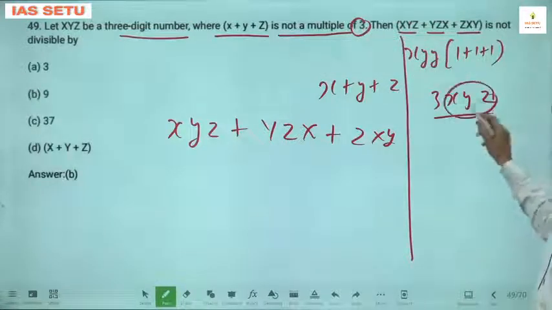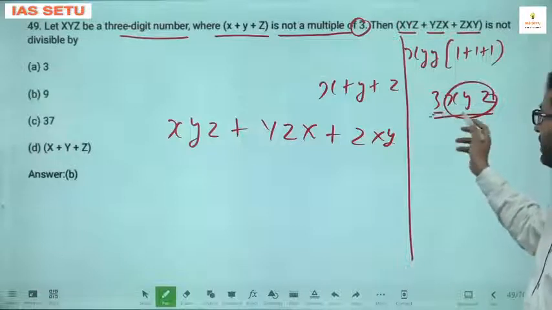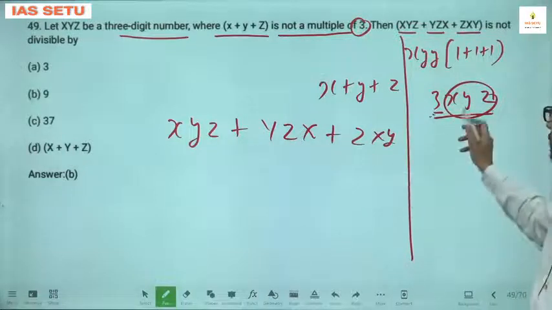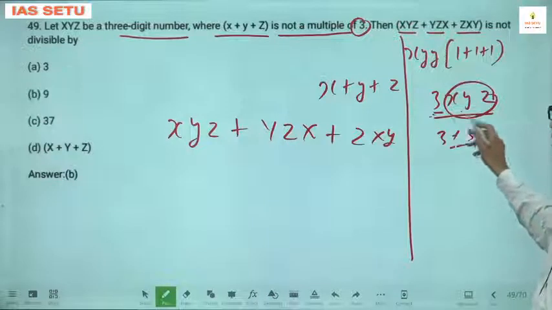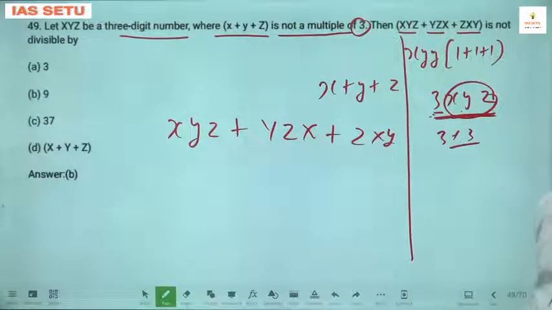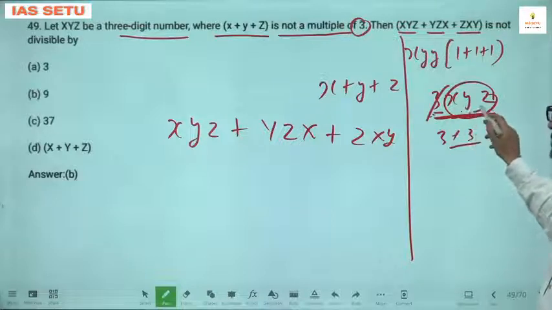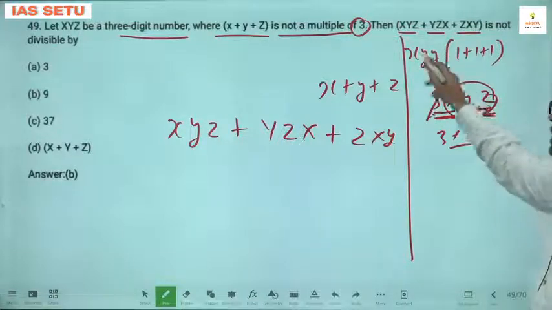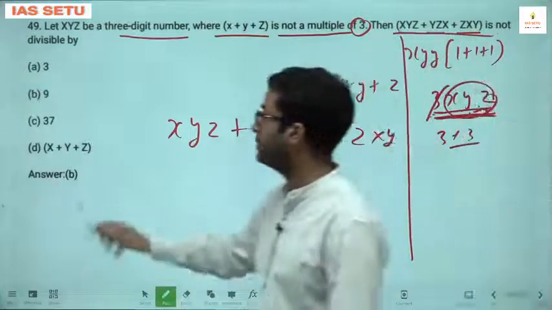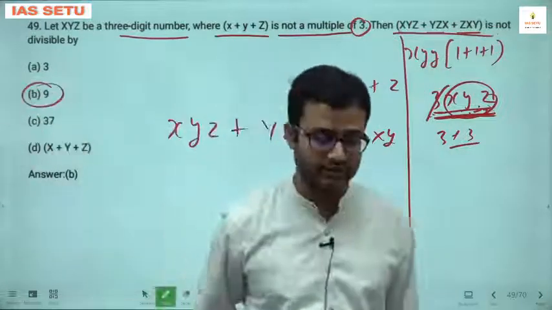This is not divisible by 3, but here the entire total will be divisible by 3. Okay, so for divisibility by 9, the complete total has to be divisible by 9. It is divisible by 3, but since it is not divisible by 3 further, this entire number is not divisible by 9. So the answer is B, 9.